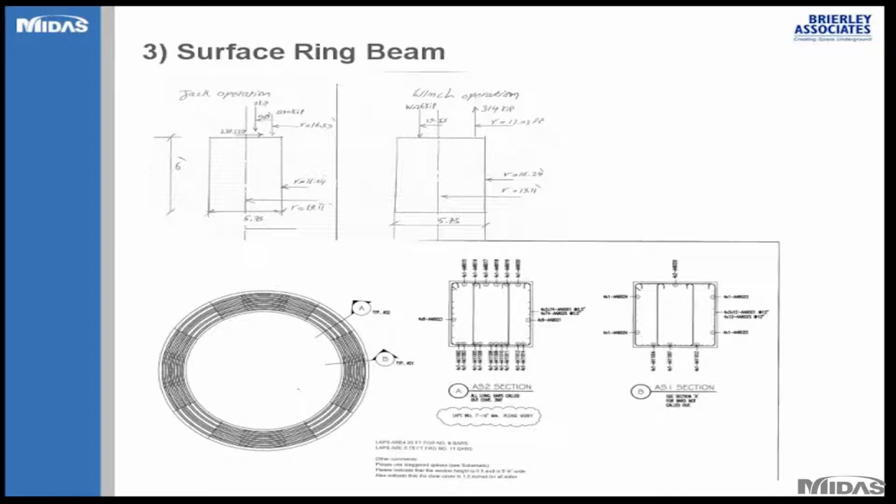Of course, you need to look at the soil structure interaction. I modeled this using a program, SMAP, to look at the net torsion and other forces acting on the beam. I'm not going to get into all the details, but this shows some of the forces acting on the ring beam here.